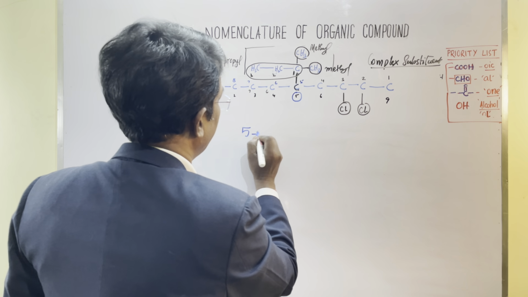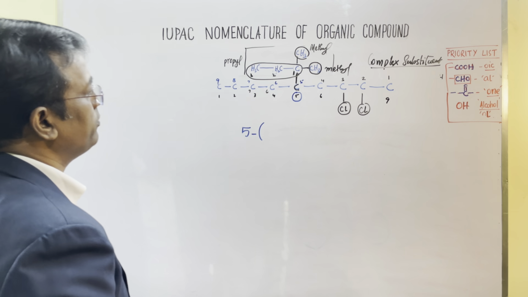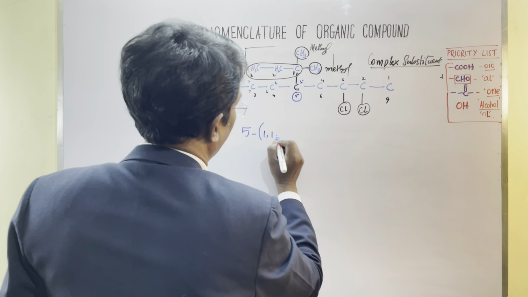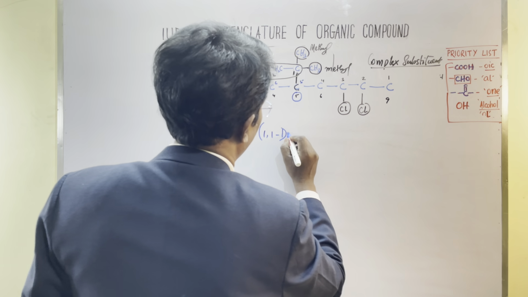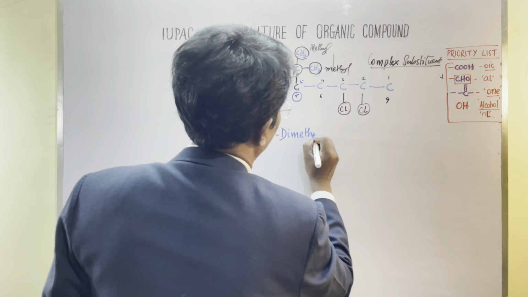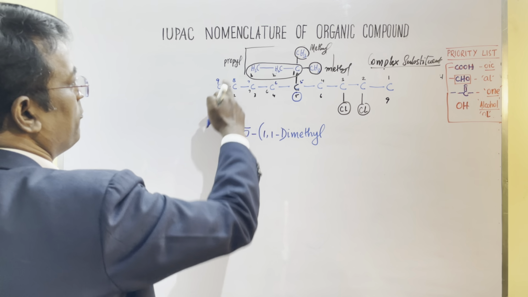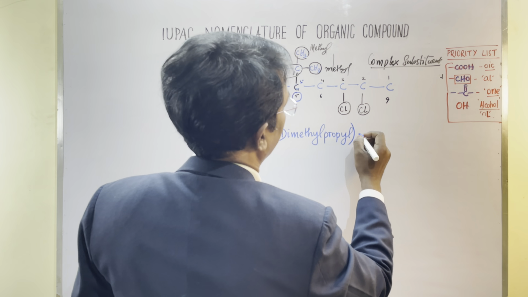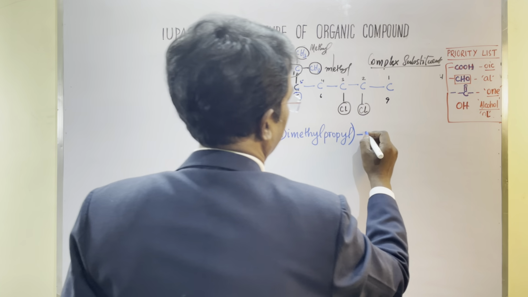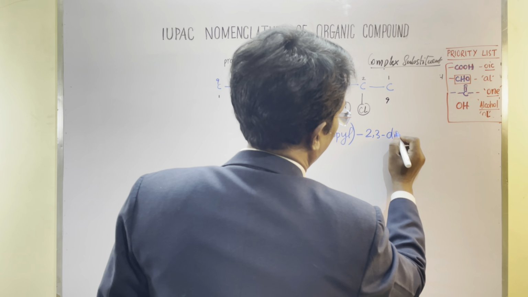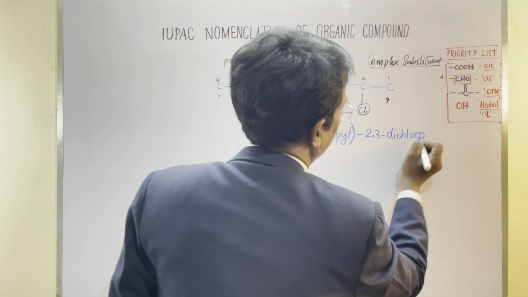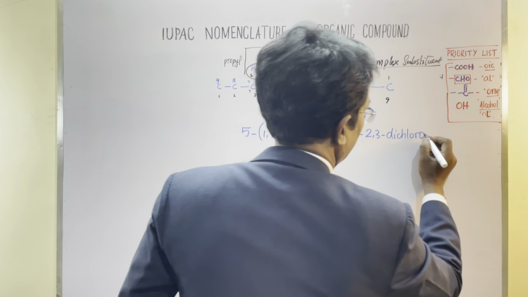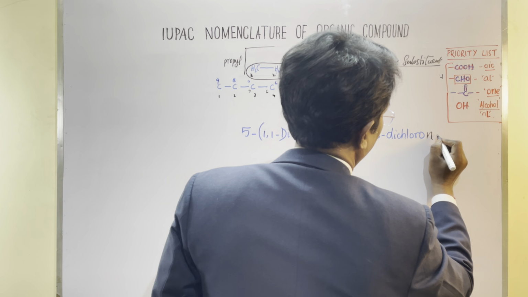So it will be 5 dash bracket start to represent the complex substituent, and then the substituents are further 1,1-dimethyl, then we have obviously propyl, close, then dash 2,3-dichloro. The longest chain of course is nonene, so the parent will be nonene. I am using a different color to make it more convenient for you.